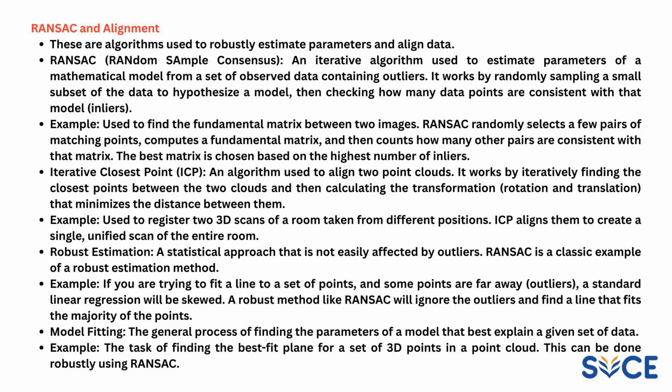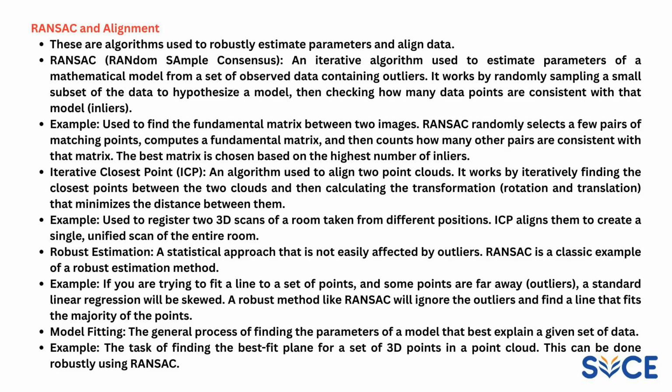Instead of trusting all the data, in RANSAC, they randomly pick a small subset and build a model from it, check how many other points fit the model, and repeat the process and choose the model that works best for most of the data.